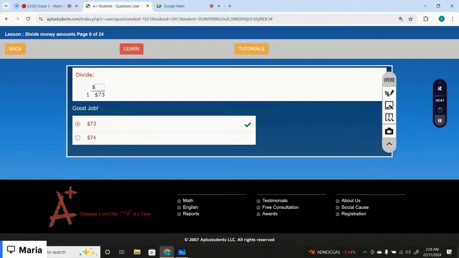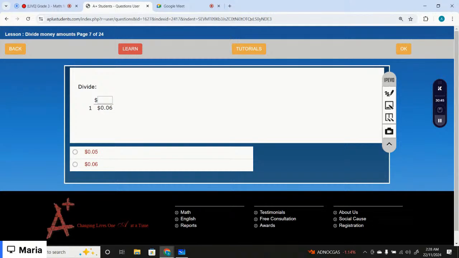Option number 1 is the correct option. 0.06 divided by 1, which is the correct option?